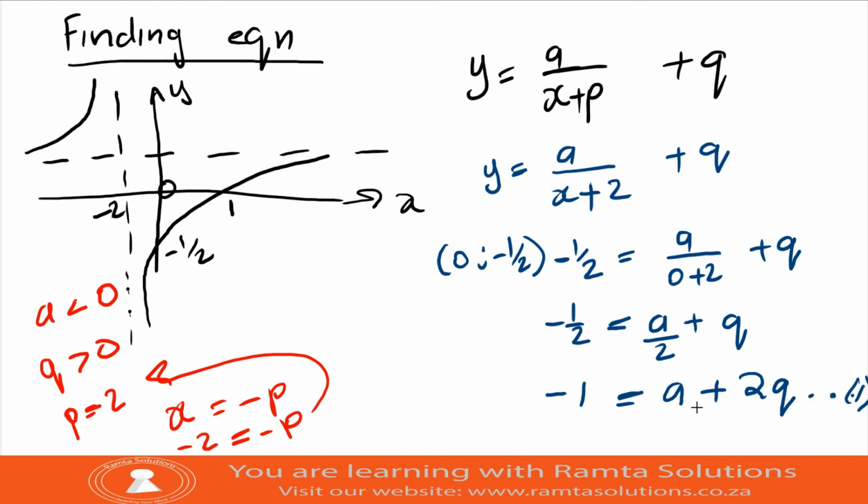Now I'm going to try the point 1 and 0. Where there's x we put 1, where there's y we put 0.